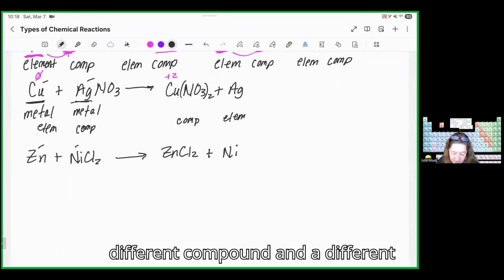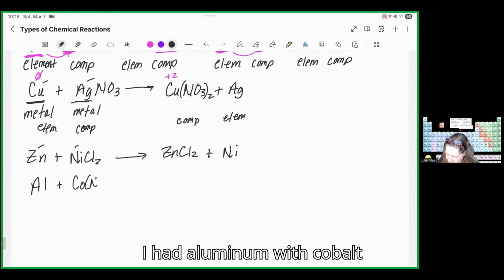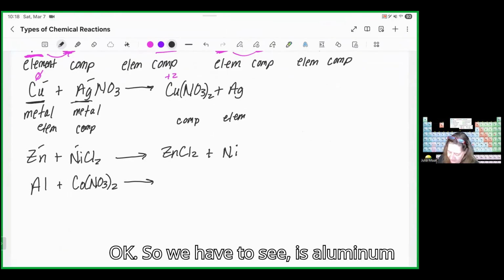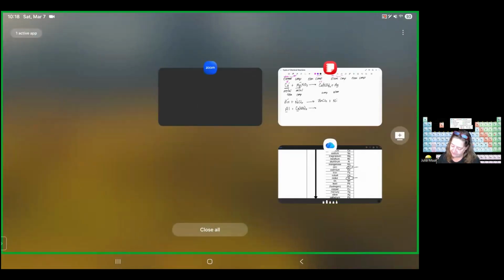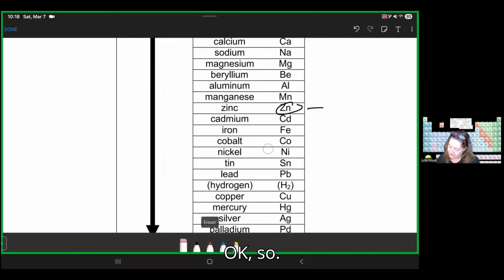Okay. So what if I had aluminum with cobalt 2 nitrate? Okay, so we have to see, is aluminum stronger than cobalt? Okay, so here's my cobalt.